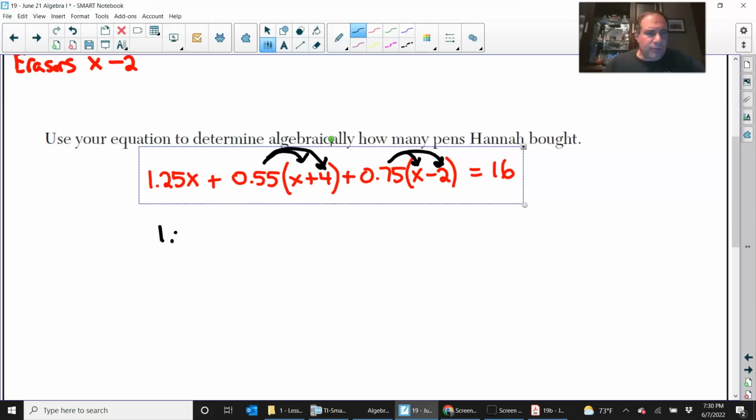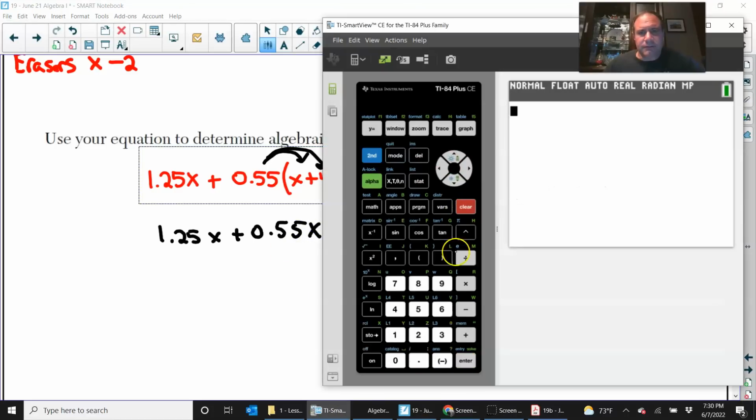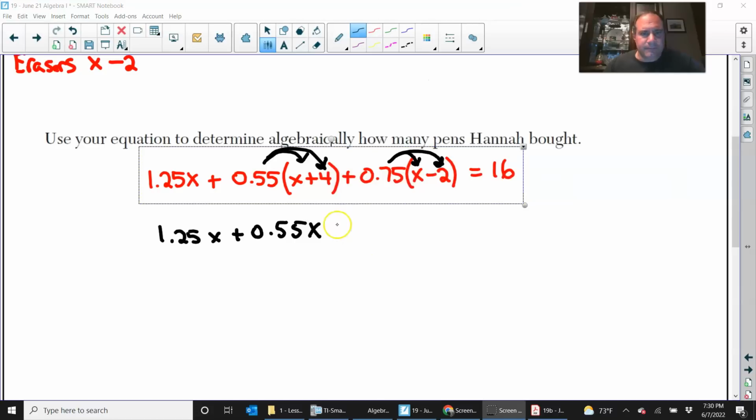So we have 1.25x plus 0.55x, and I'm going to clear this out. 0.55 times 4, and that's 2.2.